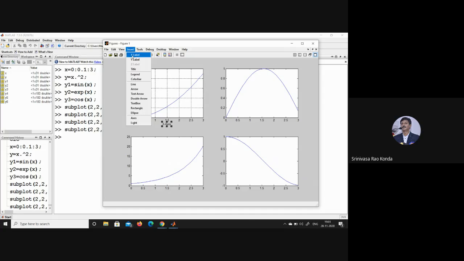Insert, Y axis. This is insert title. This is y is equal to x square. How to bring x square? As usual, x cap 2, y is equal to x square.